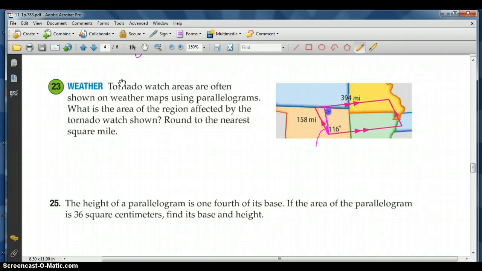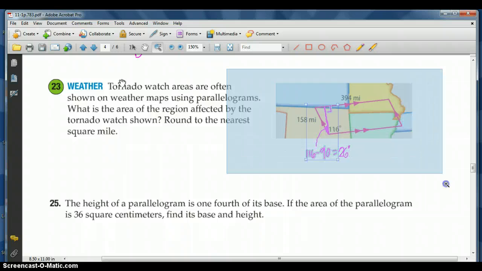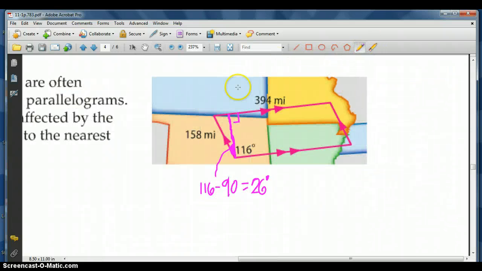So if we have a right angle, we would take 116 minus 90. For that angle, we would have 26 degrees. Now we're going to use that angle to find the height. So basically, if I split this triangle off here to have a better look at it, we have 158 along our hypotenuse.